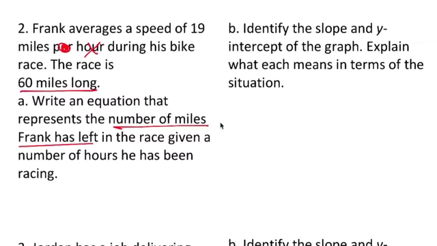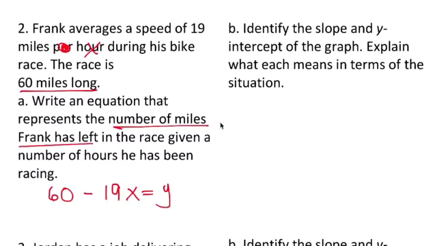So the total distance of the race is 60 miles, minus the 19 miles he rides an hour, equals the number of miles he has left. That's what we're trying to find. 60 is the total length of the race, so every hour he rides his bike, there is less and less mileage to get to his destination.